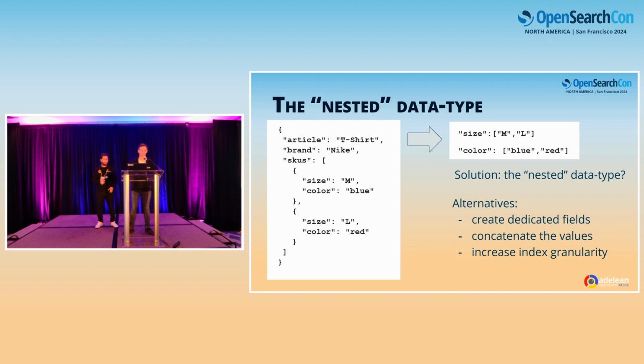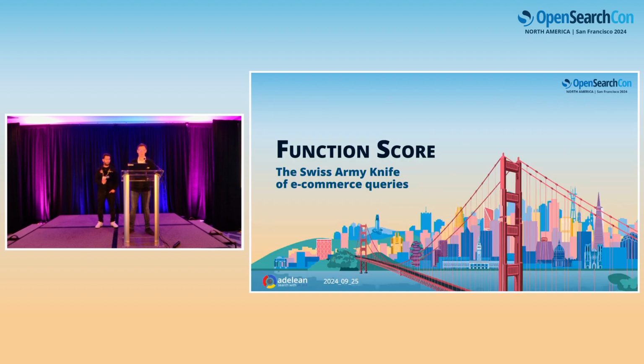So this is the problem with the nested structures, and this is why the nested data type exists. So you could also have a document for each offer. So you don't have a document with a lot of variants, but you have a document per variant.